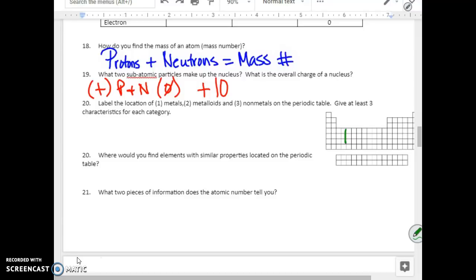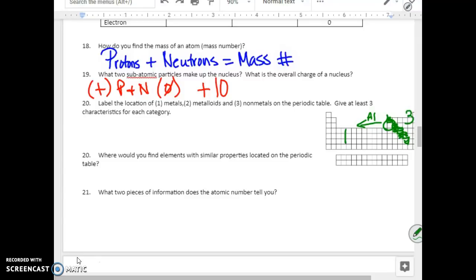The metalloids are going to be right along this stair step right in here. There's only 7 of them. So all over this, up and down, all except for aluminum. Aluminum belongs on this side. It is a metal. And the nonmetals are going to be on this side. These are part of our noble gases and such over here.